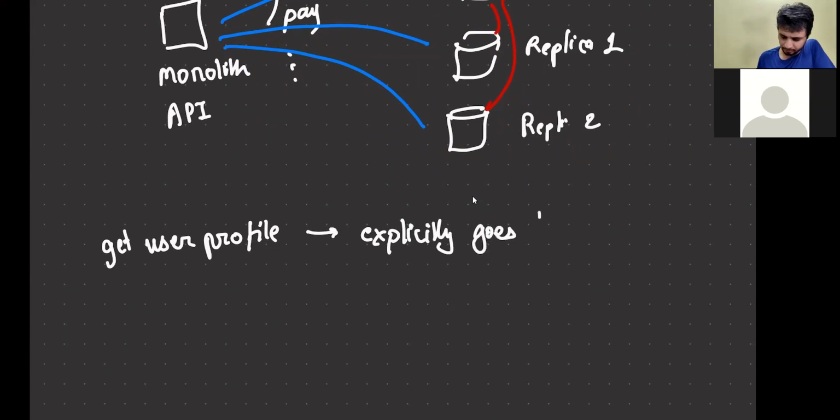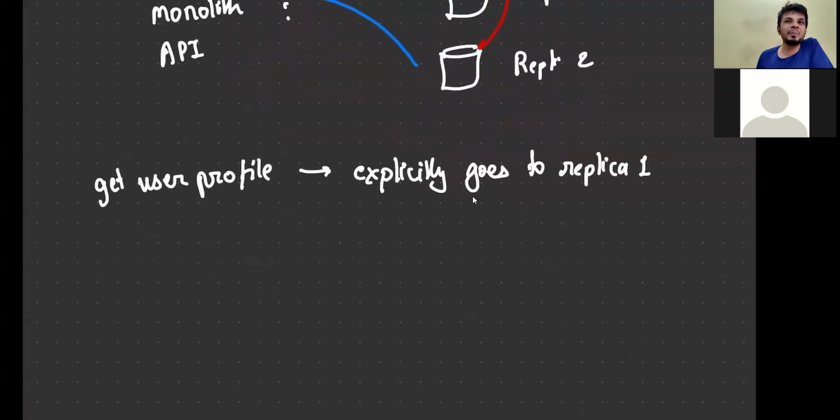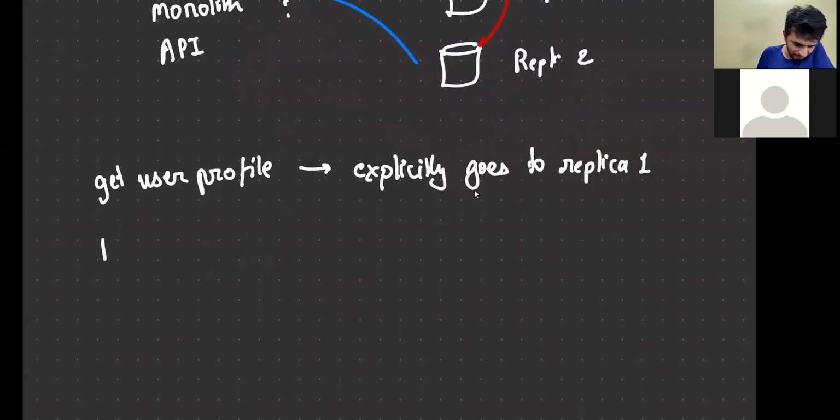So get user profile explicitly goes to replica 1, because this is hard coded in the code: use this connection to go to the database and fetch the data. Now what has happened is a lot of legacy code is using master as the connection string, so it is using the master DB.